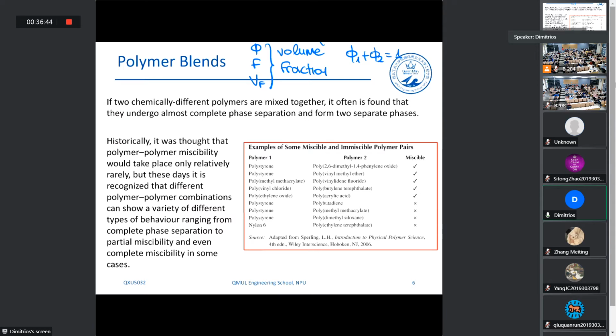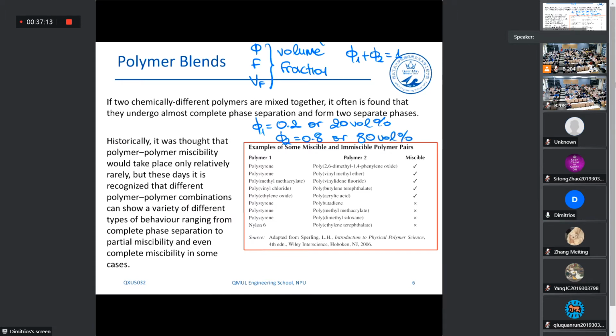So volume fractions are usually provided in decimals, so 0.2 or 20 volume percent. And Phi2, let's say, is 0.8 or 80 volume percent.